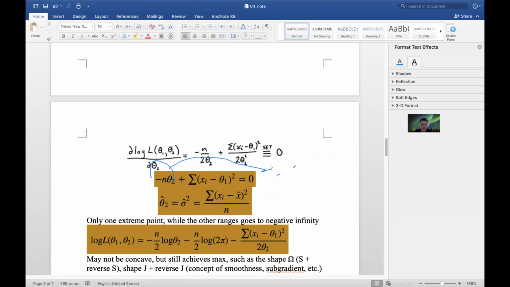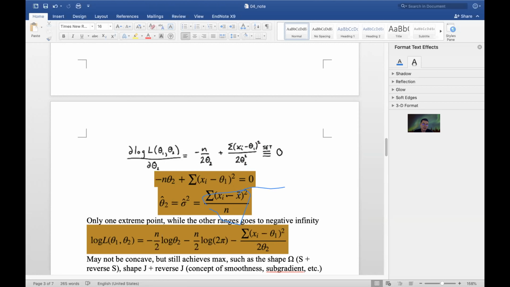This becomes n theta 2 equal to this thing, and then dividing by n on both sides, you get this value. Keep in mind that theta 1 is what we already derived: theta 1 is the sample mean. So this is really the sample variance. This is how sample variance is defined. If you have the mean, then you have the deviation for each data item you see in the Gaussian distribution samples.